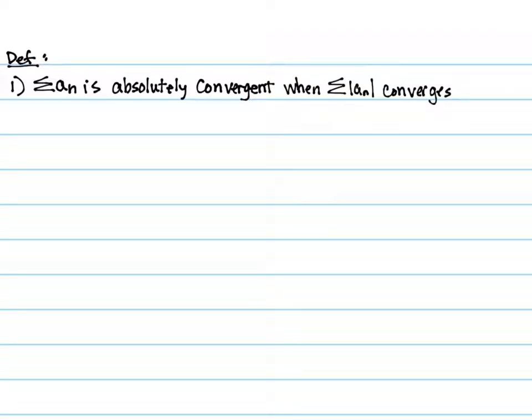That feels almost like a circular definition, right? It's absolutely convergent when the absolute value of it converges. But the reality is that just because the absolute value diverges doesn't necessarily mean the series itself diverges. So when you have the summation of a sub n, another option is that it's something called conditionally convergent. So this one is absolutely convergent.